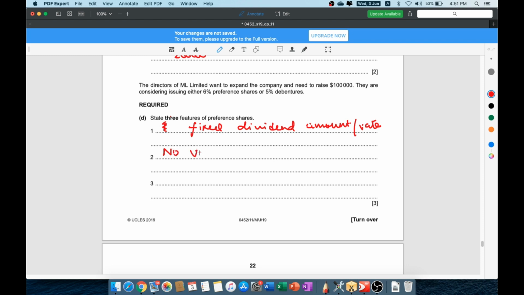Ordinary shareholders do. So no voting rights. And for the third feature, we can say that their dividends are paid before the ordinary shareholders. That we also talked about up in part A. Sorry, not after. They're paid before the ordinary shareholders.